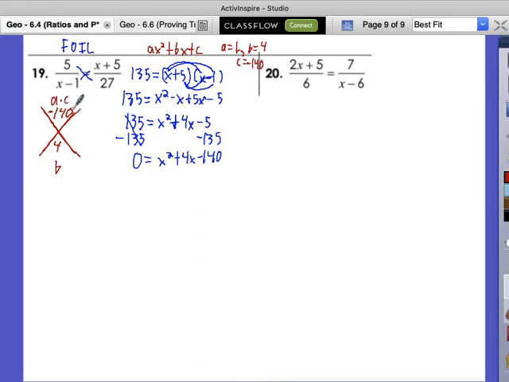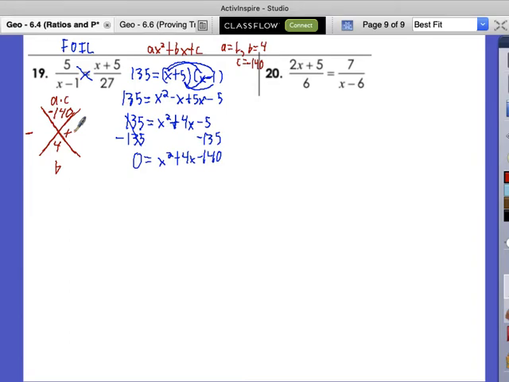One has to be negative and one has to be positive, because the only way we can get a negative is if they're different signs. And the positive has to be bigger. Why? Because we end up with a positive, right? So I already know I'm going to have a negative number and a positive number.